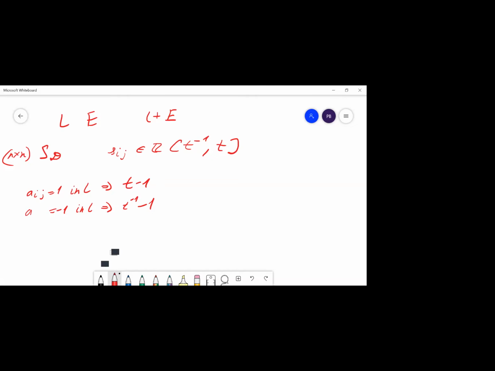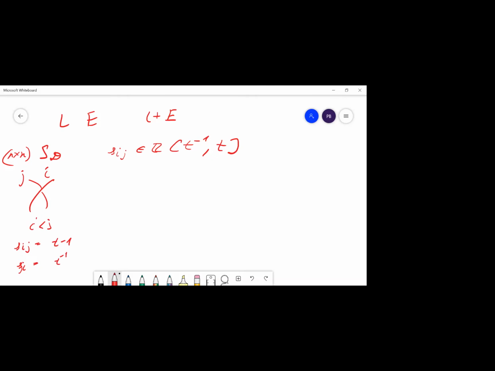I probably better do it without using L, because otherwise it will be difficult to understand. So if i passes over j and i is less than j, then S_ij equals t minus 1, S_ji equals t to the power minus 1 minus 1.